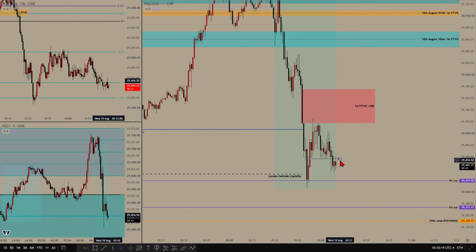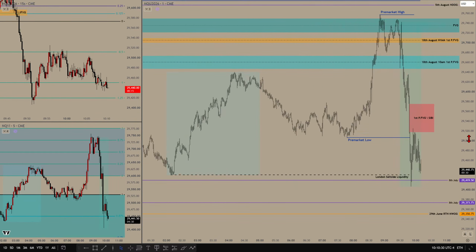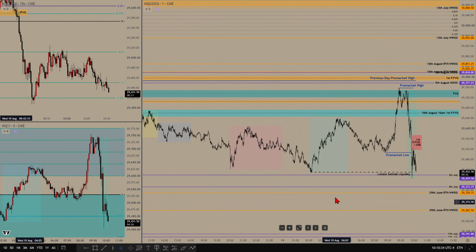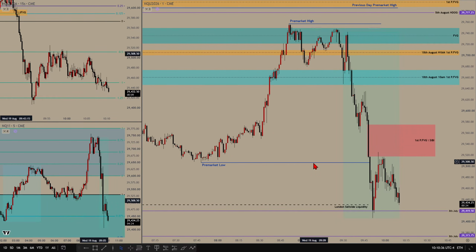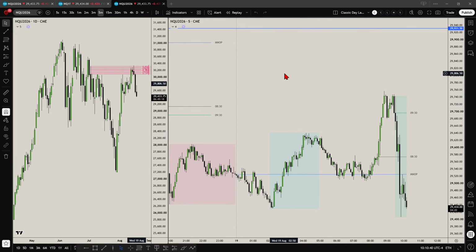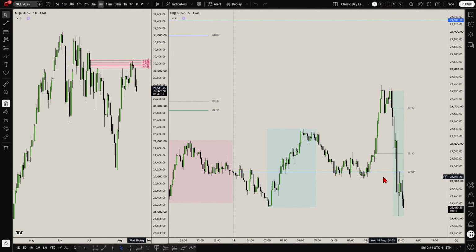Please do not mistake this for a support and resistance level. That was simply me acknowledging that we took some liquidity earlier. We didn't really do anything. Alright, let's look at some opening prices. Let's try and stay away from them this session, but because we returned to them, I'm gonna take a look.